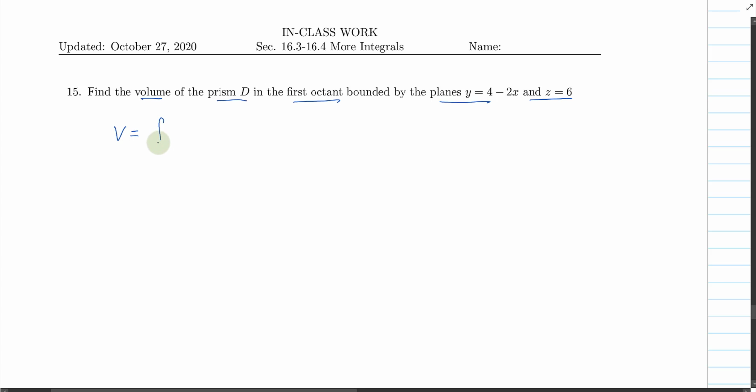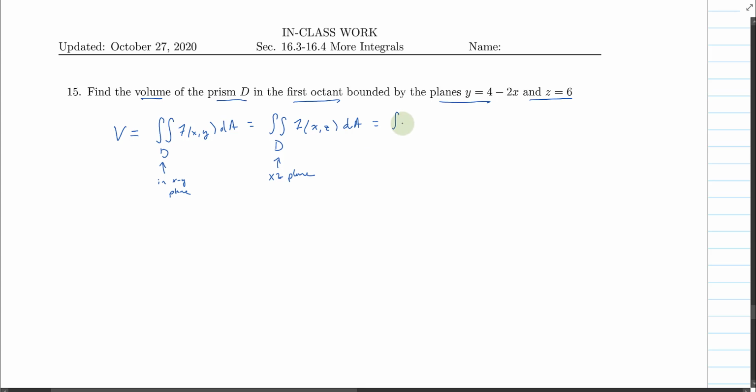We could try to do this as a double integral of some function f of x, y, dA, if we had a function that described the upper part of that shape. Or we could transform it into an integral over some region D of maybe f of x, z, dA, where this would be a region in the xz plane.